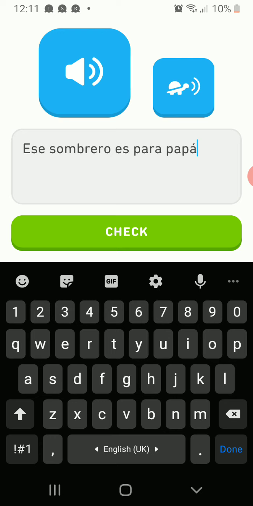So it is not dad's hat, but here it's for dad. So para is not de papá. Ese el sombrero de papá. What I want to say is that it's not dad's hat, but it's for dad.